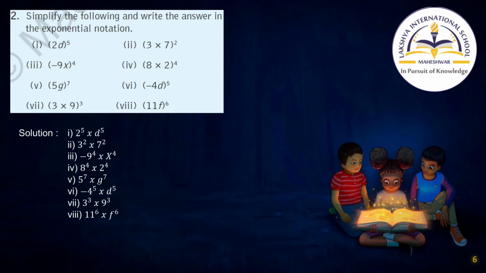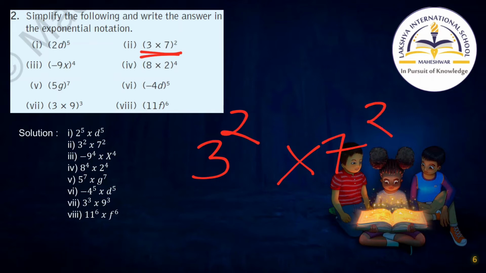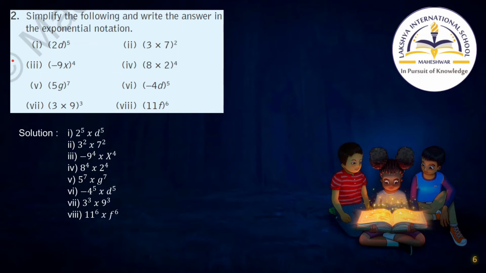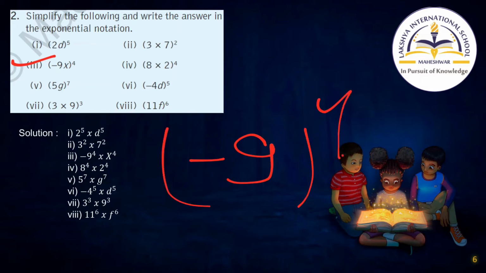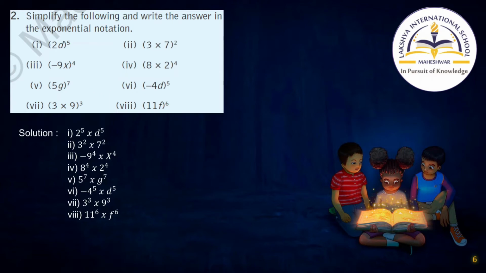Now here 3 into 7 whole raised to the power 2, so 3 raised to the power 2 multiply 7 raised to the power 2. Now question third, same, minus 9 raised to the power 4 multiply x raised to the power 4. Like this you have to solve this question. All the answers are given here. You just have to separate them and mention the power.